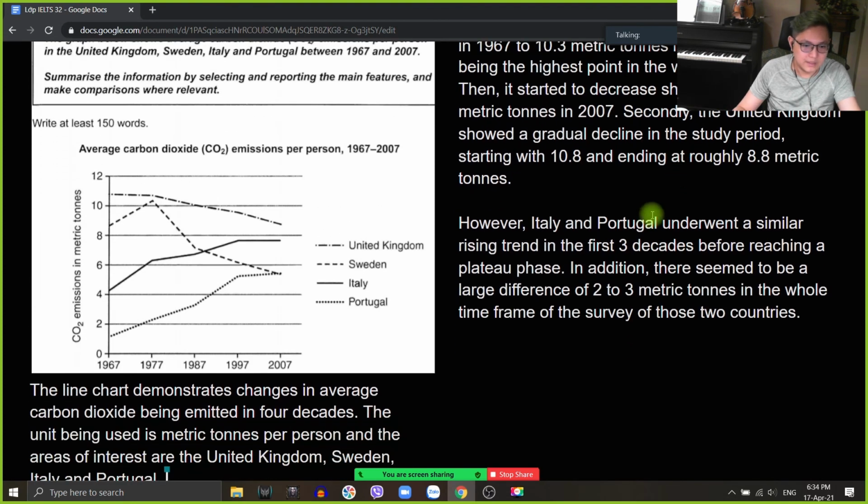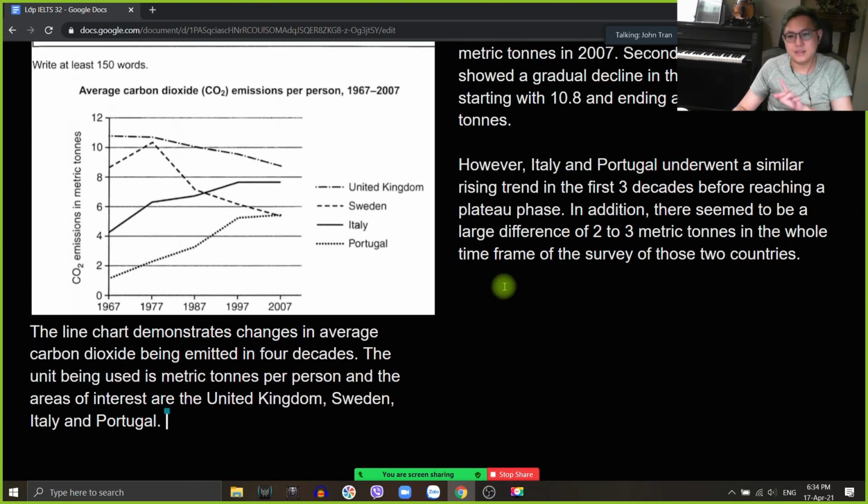Okay, let me read once again, and you can see the logic here. Opening: The line chart demonstrates changes in average carbon dioxide being emitted in 4 decades.